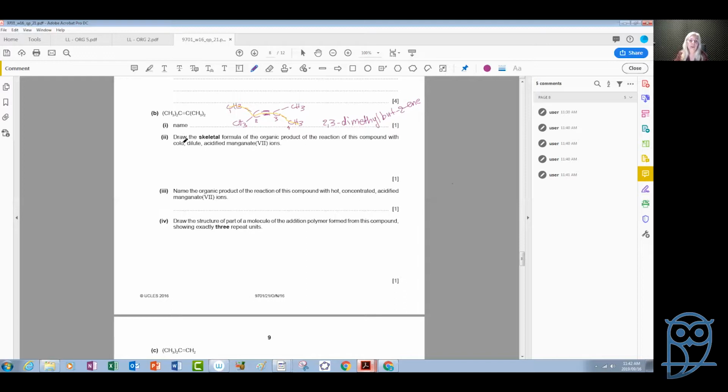All right. Draw the skeletal formula of the organic product of the reaction of this compound with cold dilute acidified manganate 7 ions. When they say manganate here, they mean actually this type of ions, manganate. Like, for example, it could be part of potassium manganate. They call it manganate, but others would call it potassium permanganate.